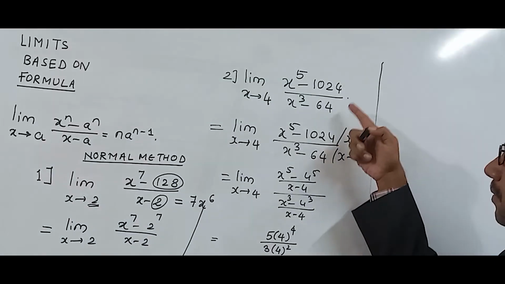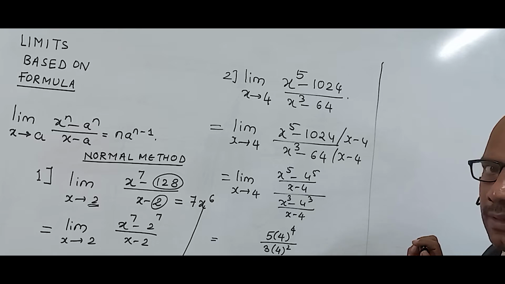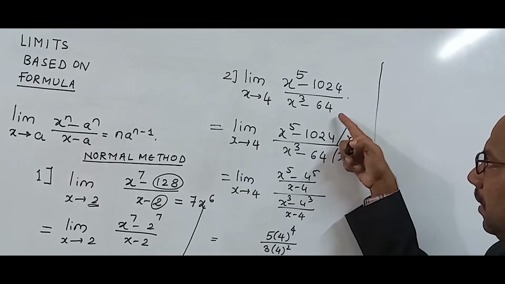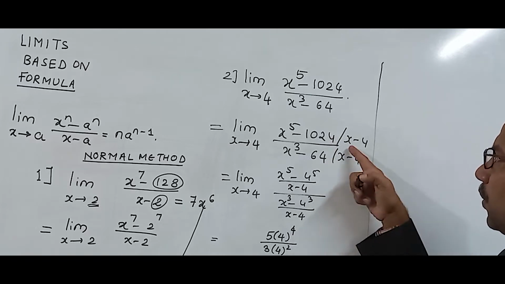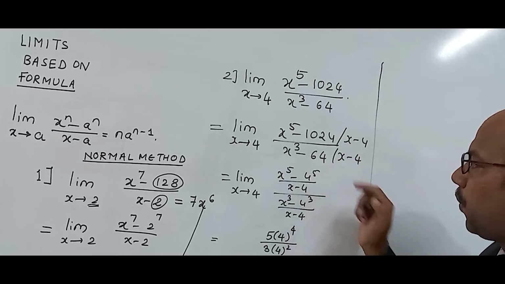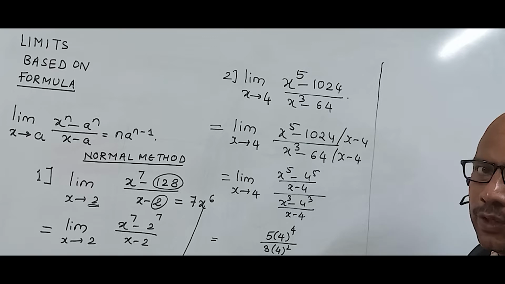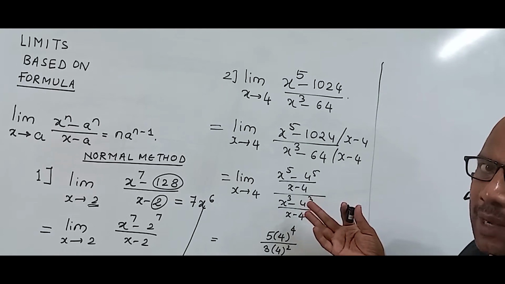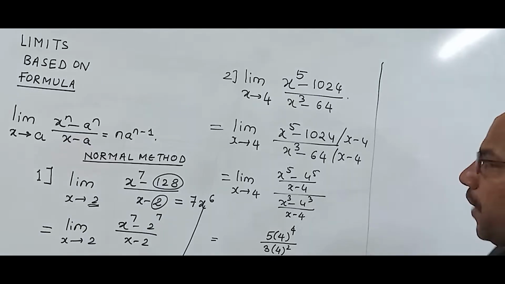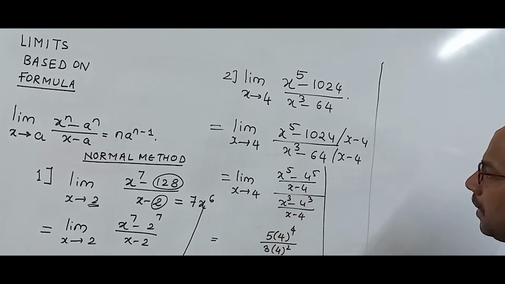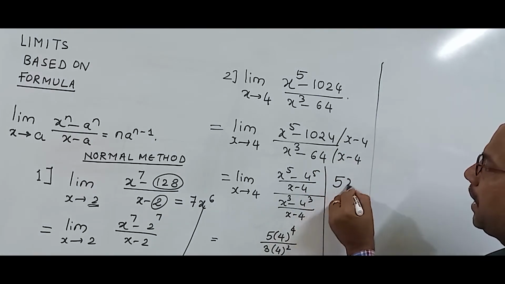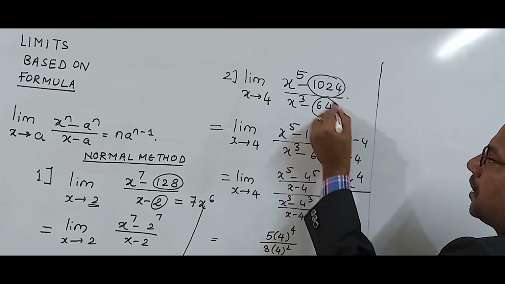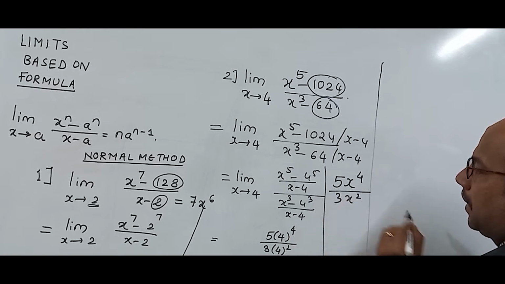Similarly, here what happened? Look, this is the normal step. First you have to divide by x minus 4, then this is 4 raised to 5, 4 cube, and then you find you are sitting alone in the classroom. So again, L'Hopital rule will help you a lot doing the sum much faster. Differentiate. So when you differentiate, it is 5x raised to 4, derivative of constant 0, 3x square.